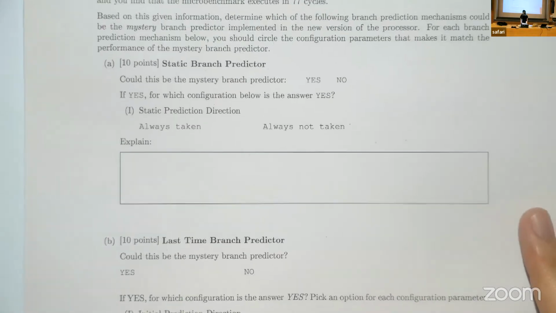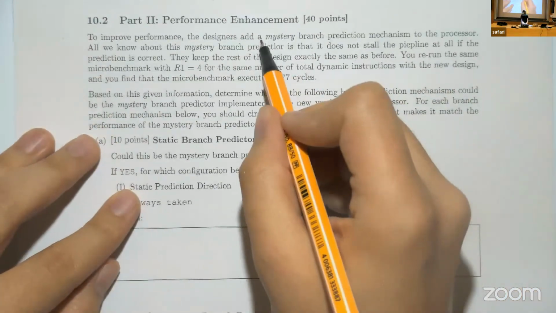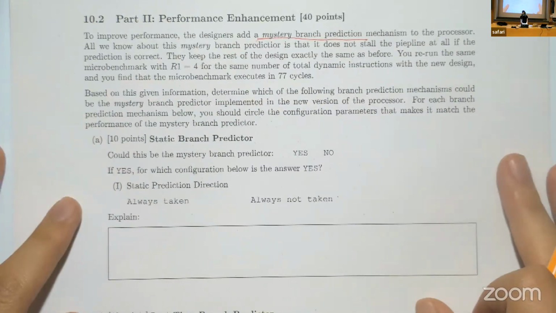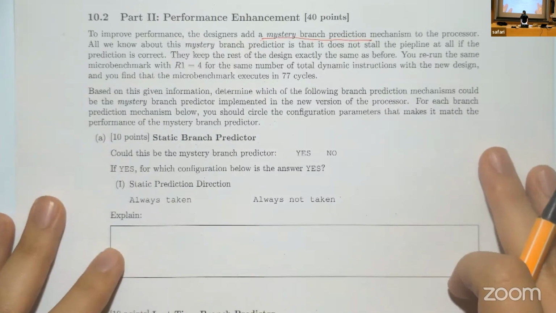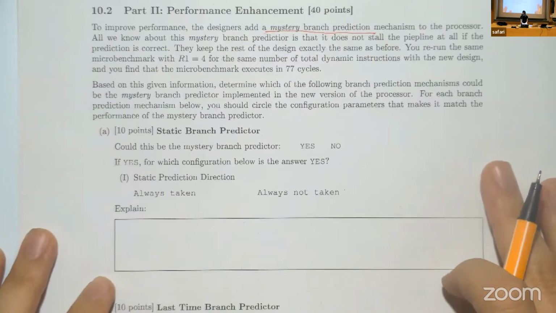Right. And the second part of the question. Here we have a branch predictor that we don't know how it operates. This means that for some of the branch instructions, we would get no stalls. For some, if we have mispredictions, we would still see stalls.